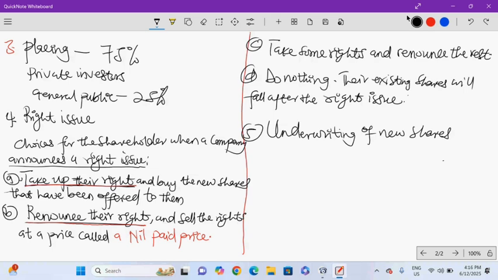They are willing to purchase these shares if the existing shareholders do not, but for a commission. So that is underwriting of shares.